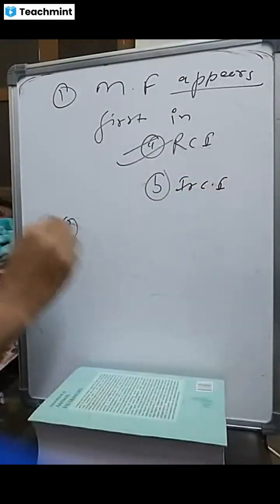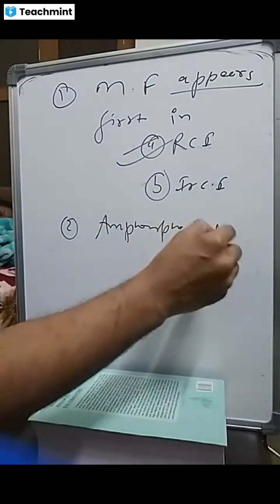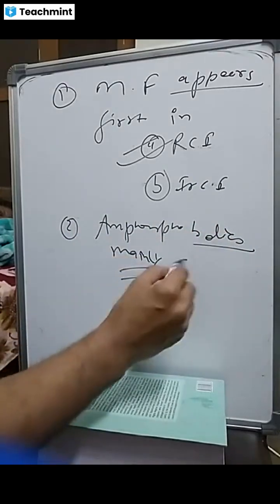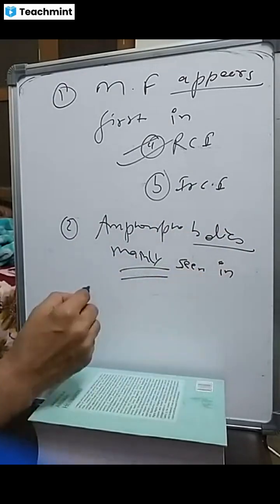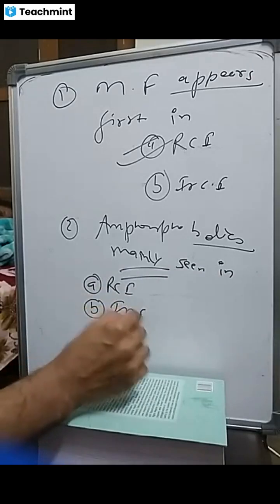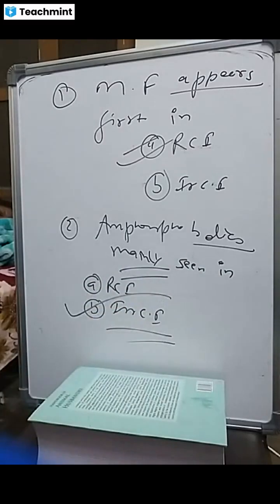Similarly, amorphous bodies are chiefly seen in irreversible cell injury. These were some ultrastructure or organelle level changes.